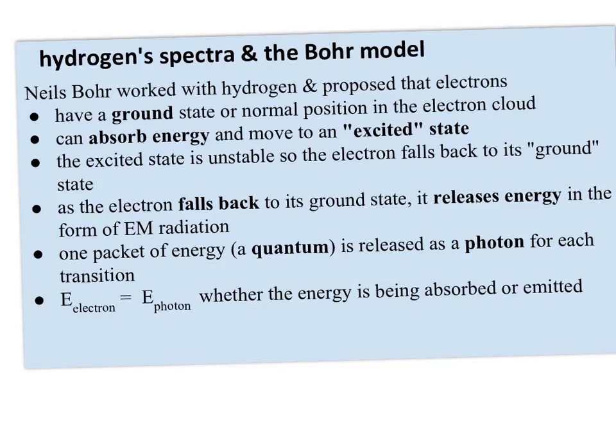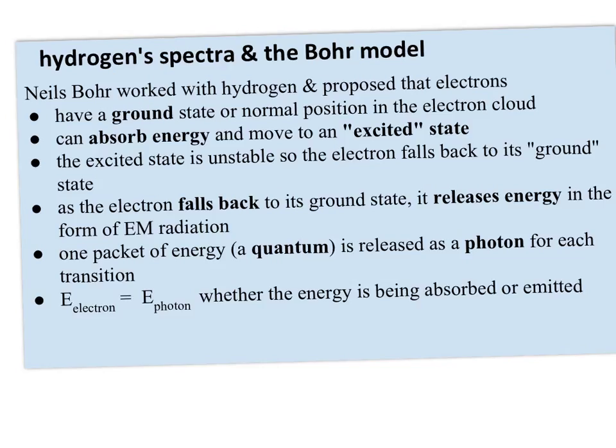So Niels Bohr was the first one working a lot with this idea of spectra, and he came up with the idea that specific electrons in an element have a ground state or normal position in the electron cloud. And then electrons can absorb energy and move to a further out orbital or to an excited state. But the excited state is going to be unstable and require energy to constantly be put in. So eventually the electron will fall back to its ground state.